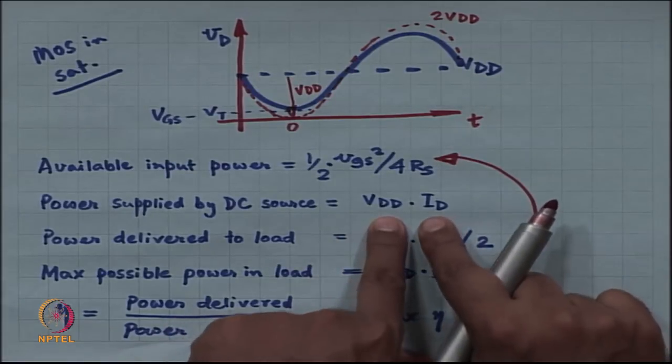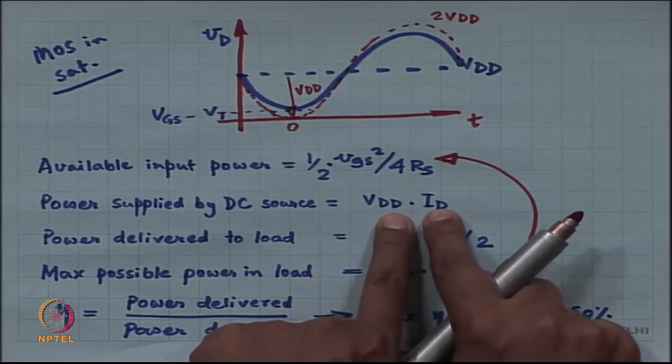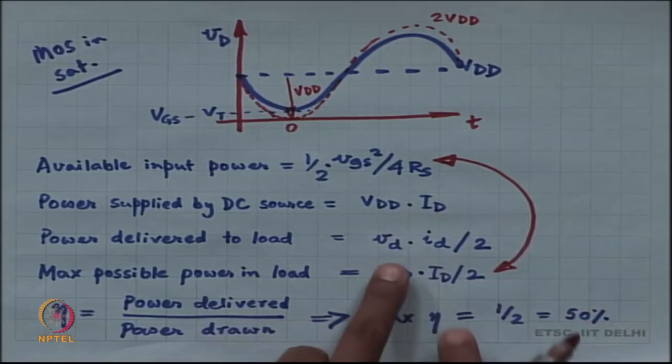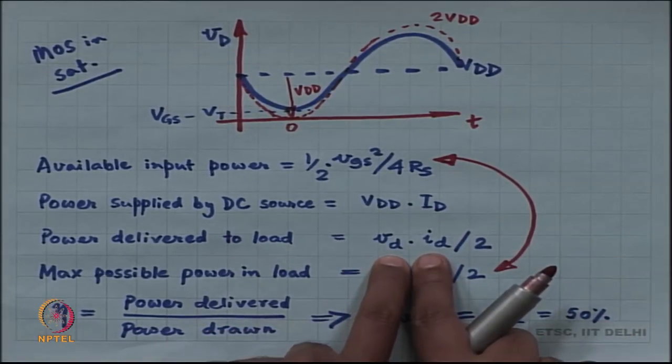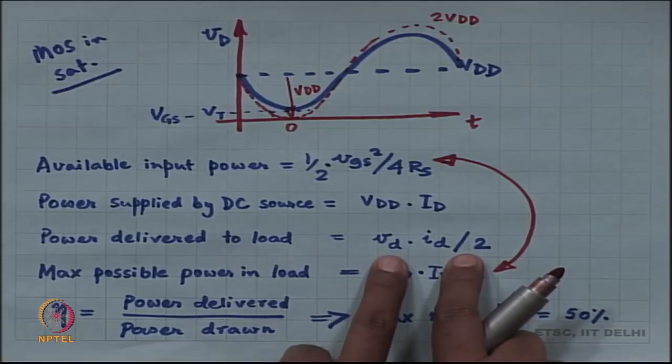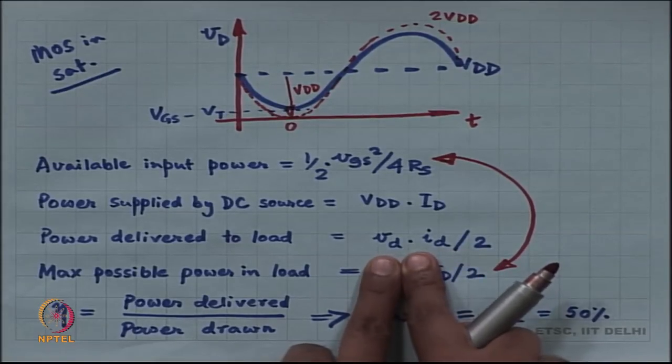Next, power supplied by the DC source is VDD times ID, nothing else. ID is the current, VDD is the voltage, VDD times ID is the power supplied by the DC source. The power delivered to the load is small vd small id by 2. I have not made any assumptions in this, right.